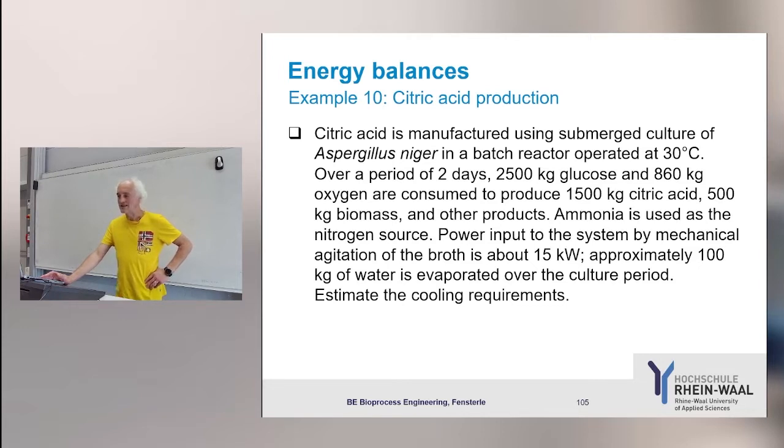Ammonium is used as a nitrogen source. So the most important thing you realize in this exercise is what? The number one thing you look at. Of course you ask about energy, so you need to set up an energy balance.